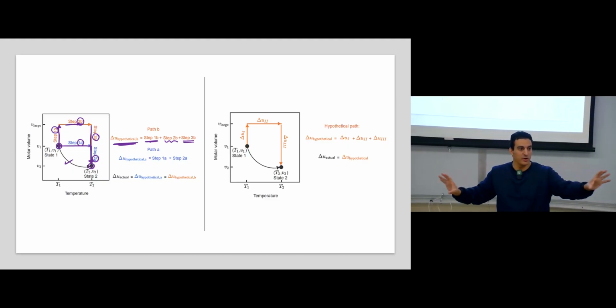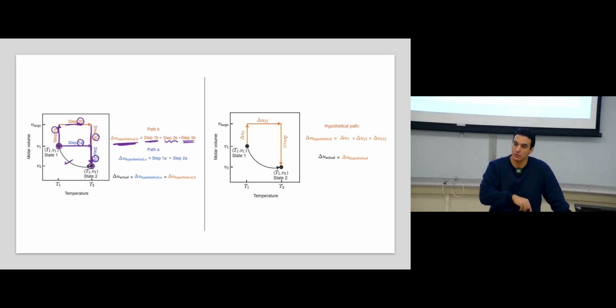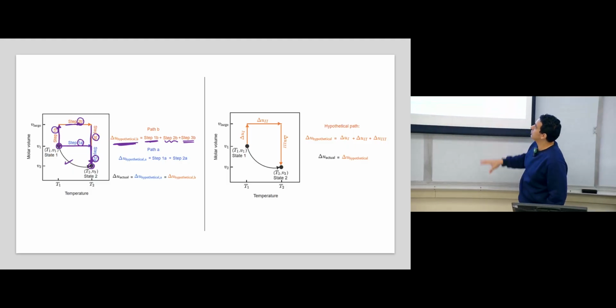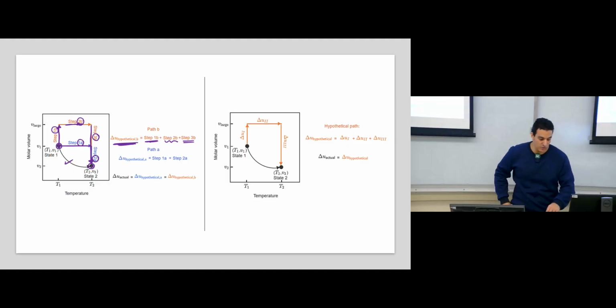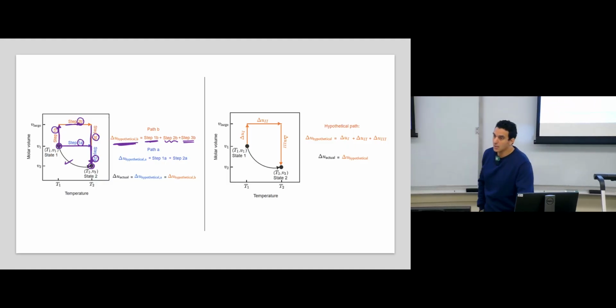If you have a path, you can assume that instead of the original path, I will go along a different path, and you will have the same property change because you have an intensive property. You remember, this is why we said we prefer to work with intensive properties, not extensive ones. Also, we prefer to work with state functions, not path functions. So this is a state function. So whatever paths you have here, you can find the change in the properties.